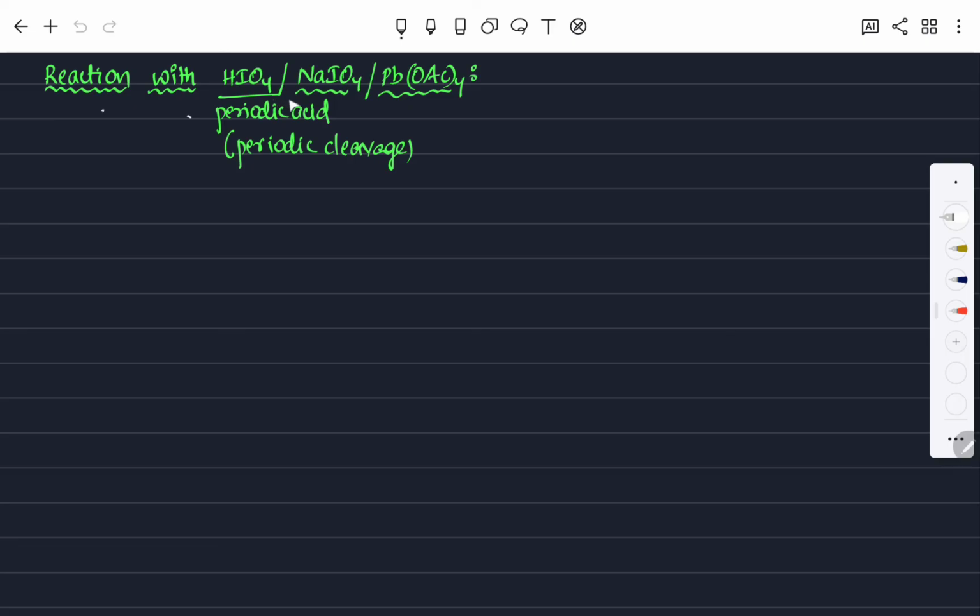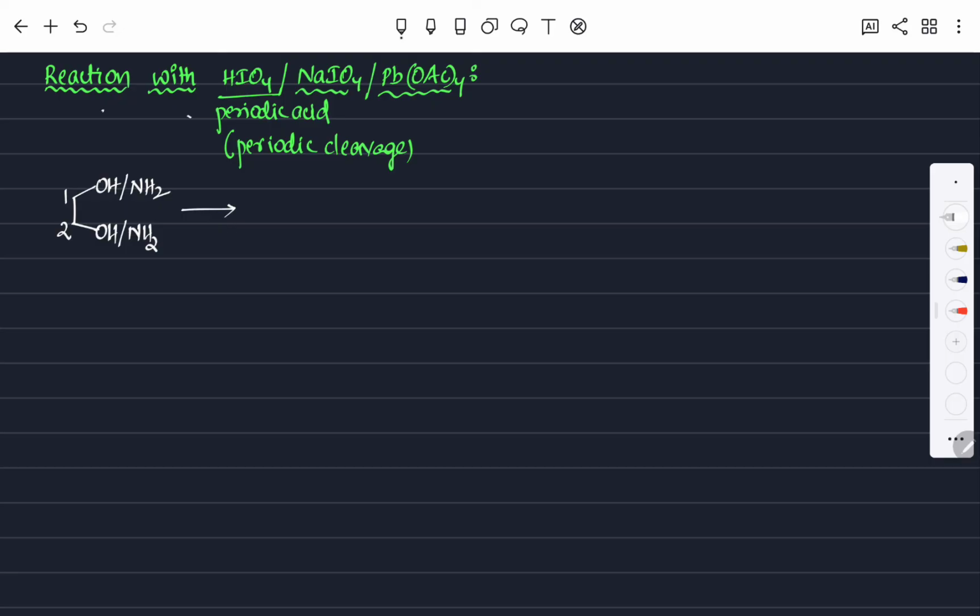Reaction with HIO4, NaIO4, lead tetraacetate. HIO4 is also known as periodic acid, and sometimes in the question it will be mentioned as periodic cleavage. The condition is 1,2-position OH groups, and we can also consider NH2 groups.